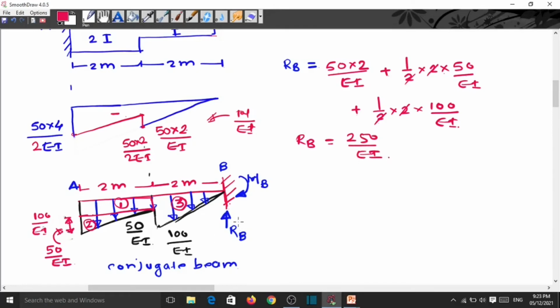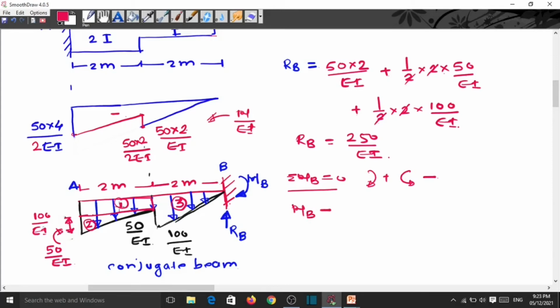Now next our aim is to find MB. So we consider sigma MB equal to 0. Clockwise is positive and anti-clockwise is negative. So MB is clockwise, and these all are anti-clockwise, so they are minus.